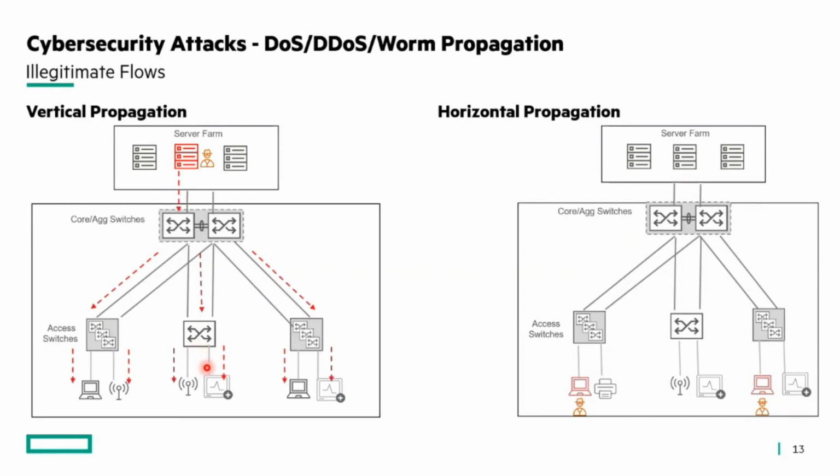They will be disrupting the services of the end clients, and the bandwidth and access of the end client will be compromised because of these malicious attacks. Consider that even an end client on the other side can send these malicious services to an end client on this side. So these attacks can be from the server, like a vertical propagation, or from the end clients on the other side, as a horizontal propagation.